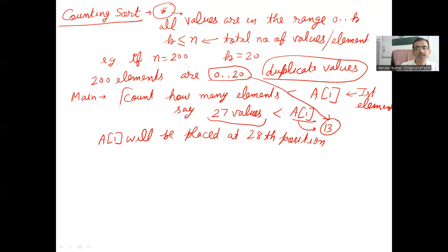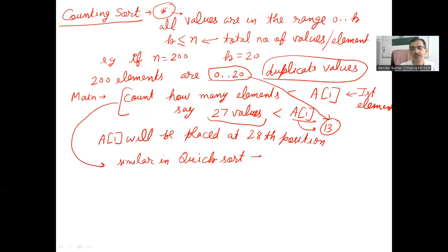Something like this, finding the exact position, is similar to what we did in quicksort, where I brought my A1 to the correct position, and knowing that index, how many values are less than or less than or equal to, was also used.